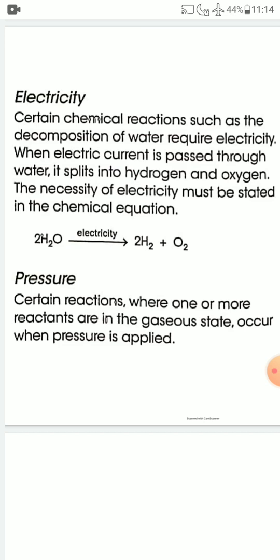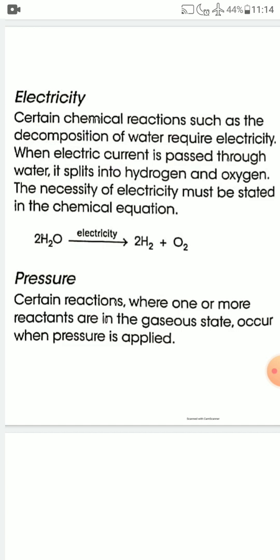So the decomposition of water using electric current to give hydrogen gas and oxygen gas, the chemical equation is 2H2O arrow, and above the arrow you have to write electricity, and the products are 2H2 plus O2.